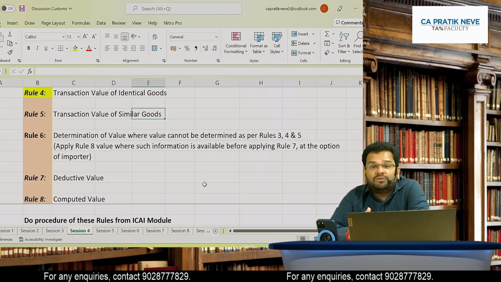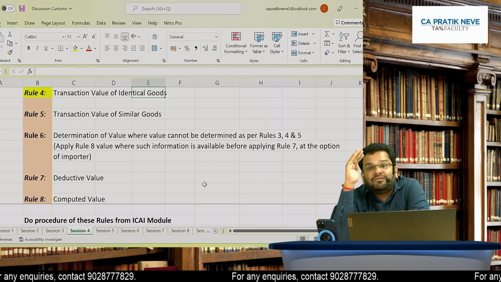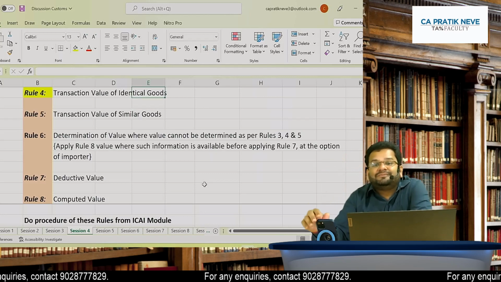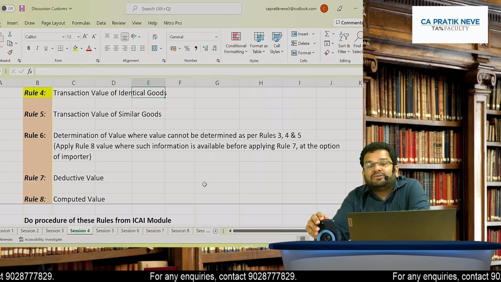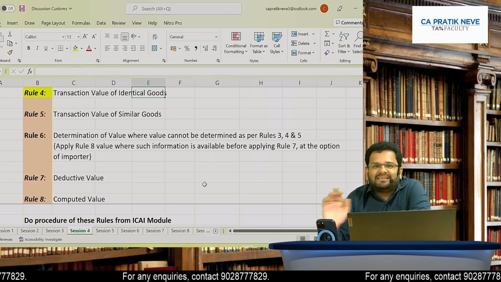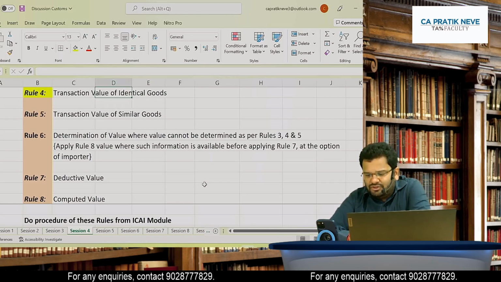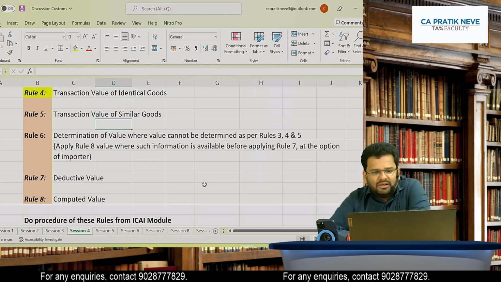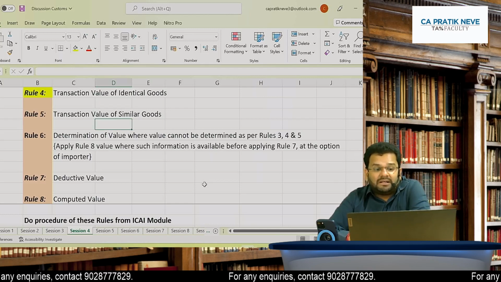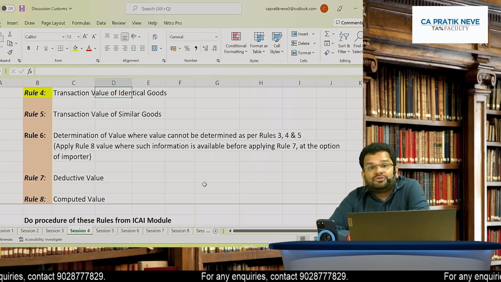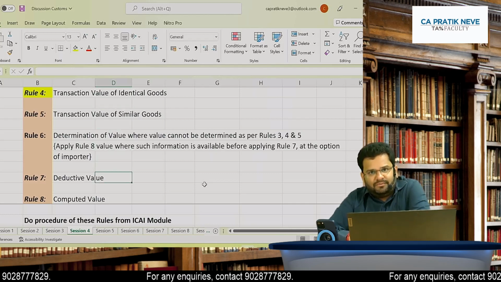My more interest is in identical goods. See friends, like we have done open market value and then value of similar goods, it's something comparable to that. First you go for identical goods. If that is not possible, similar goods. What is better? Identical goods. If that is not available, then similar goods. Agreed?